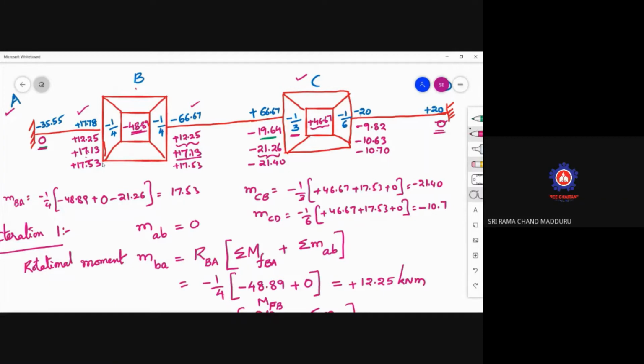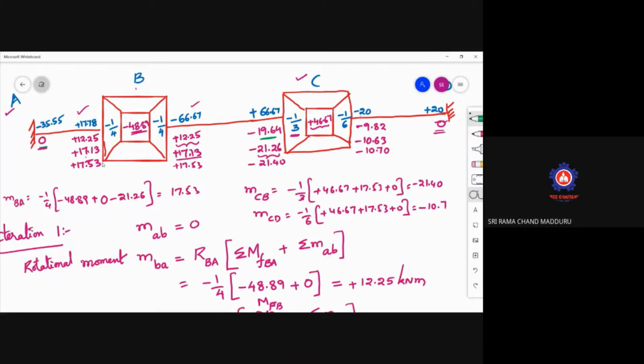So I'm just erasing this part here. In case of MBA, for the fourth iteration I am writing: minus 1 by 4 into minus 48.89 plus 0.